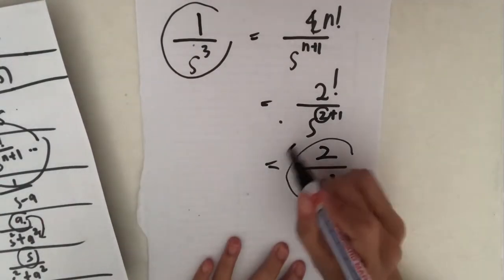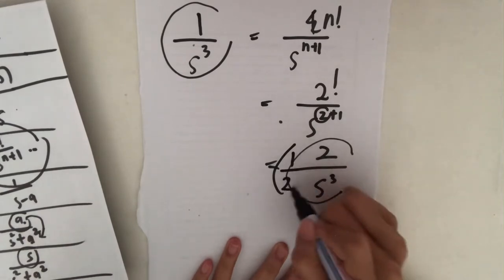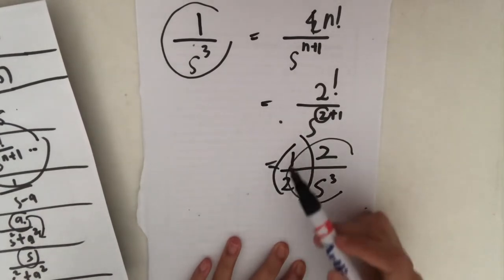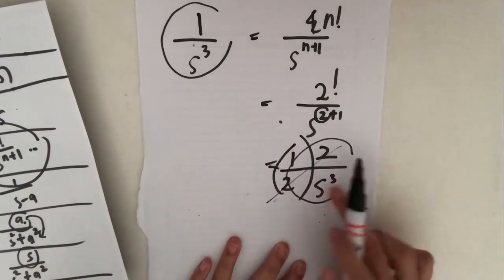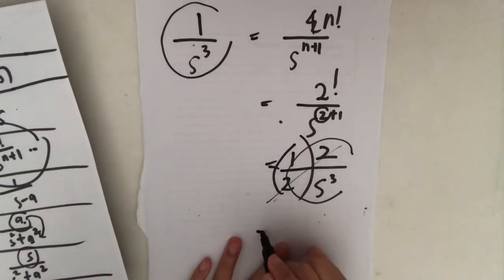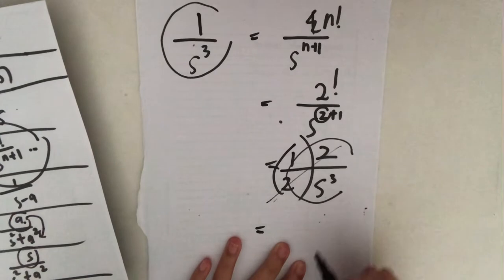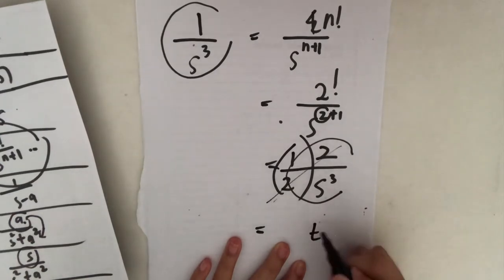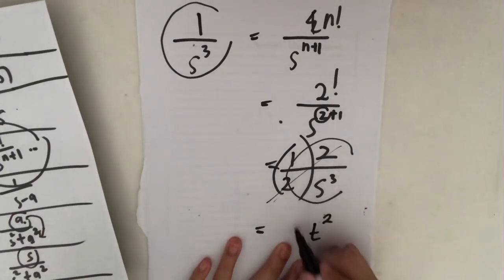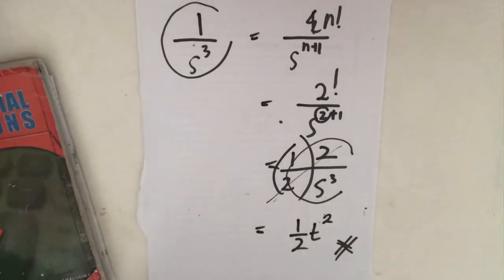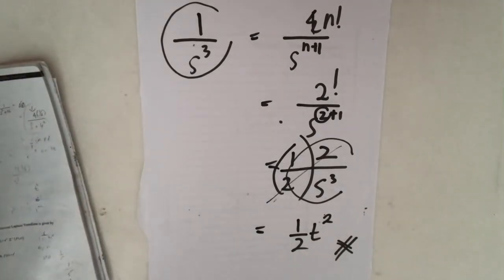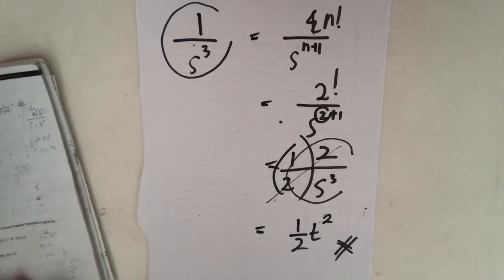We multiply with 1 over 2. When you multiply 1 over 2, these two cancel off, so you get back 1 over s cubed. So the answer for 2 over s cubed is t to the power of 2, and we have 1 over 2 here. So this is the answer, 1 over 2 t squared.